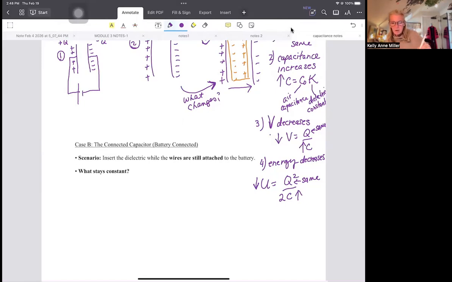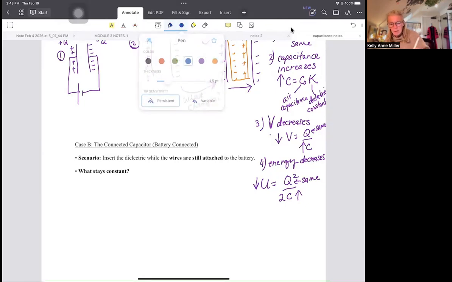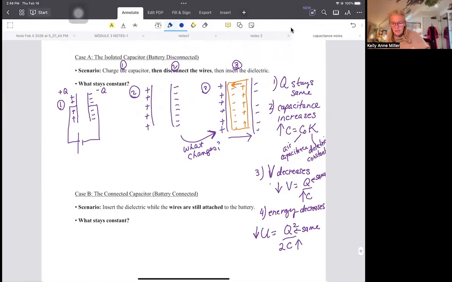That's how I think of it. Now we've listed all of the things. Q stays the same, the capacitance increases, the potential difference decreases, and the energy decreases. This is the situation where you insert the dielectric after the battery has been disconnected.